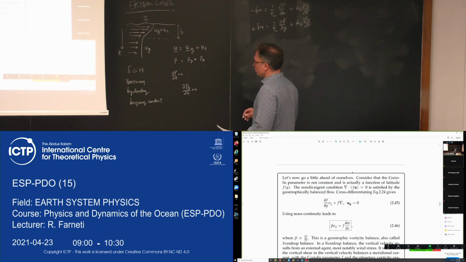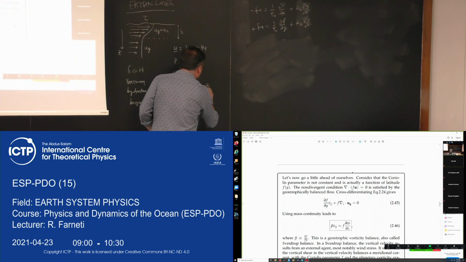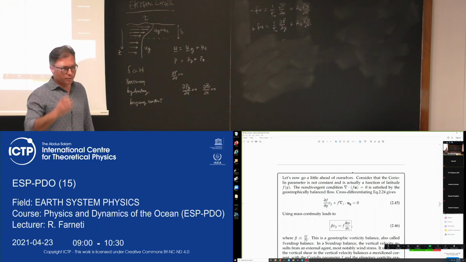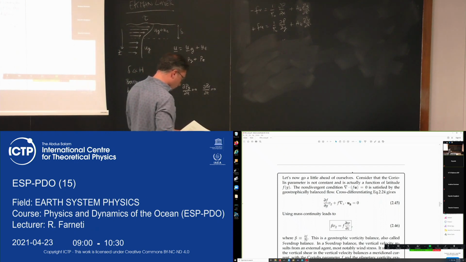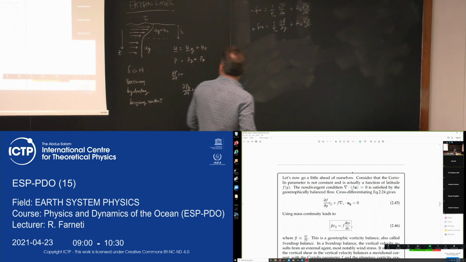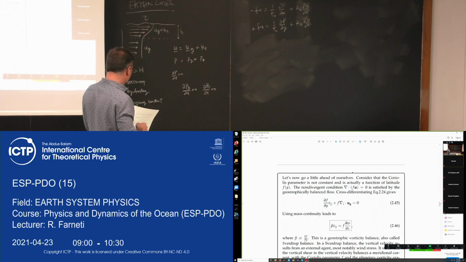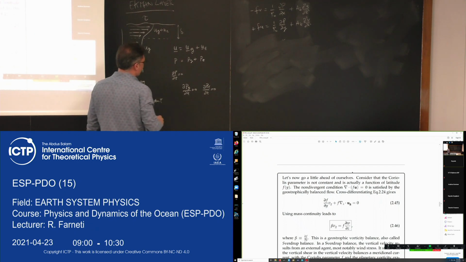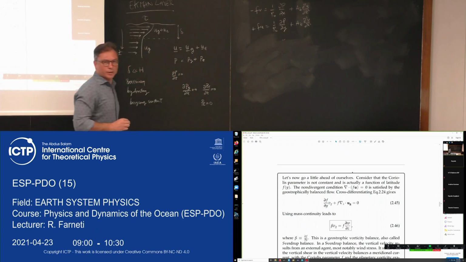And in order to satisfy the hydrostatic balance, then the contribution from the Ekman component also has to be 0, so that the hydrostatic balance holds. But the contribution from the Ekman layer to P everywhere else outside of the boundary vanishes, and so the condition that we will put is that this is equal to 0 everywhere.